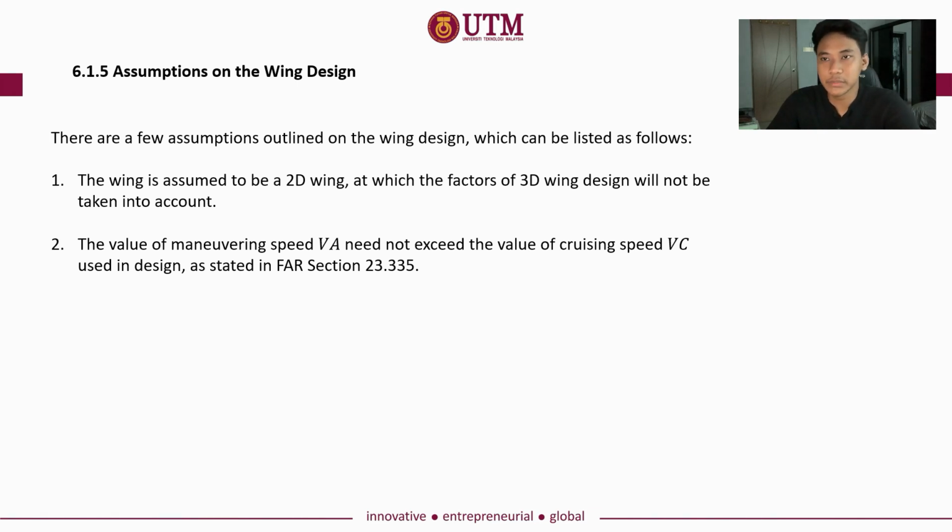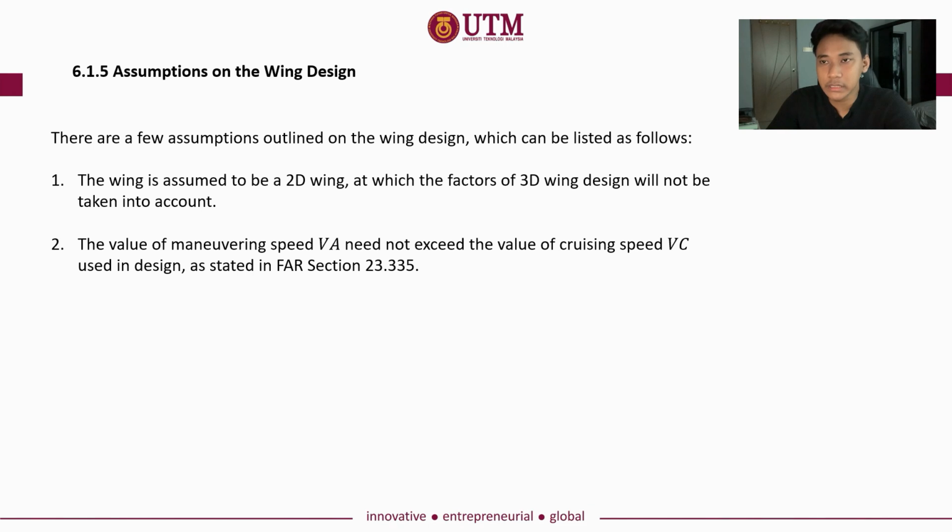There are a few assumptions that have been applied to our wing design, which can be listed as follows. The first one is that the wing is assumed to be a 2D wing, so the factors of 3D wing design will not be taken into account. This is because for a 3D wing design, the calculation and analysis are more complicated compared to a 2D wing.